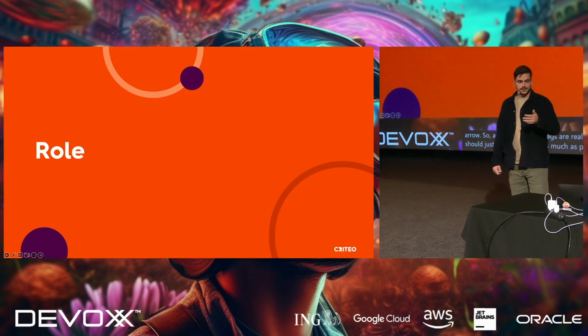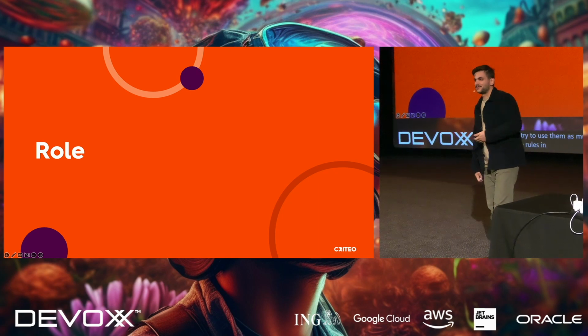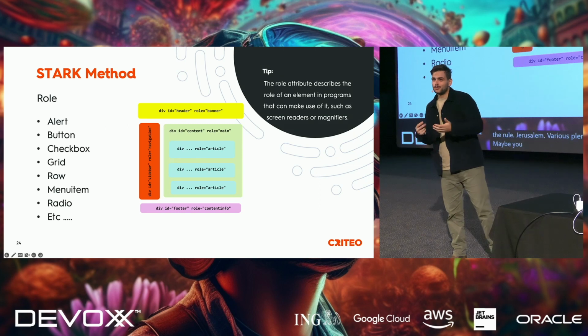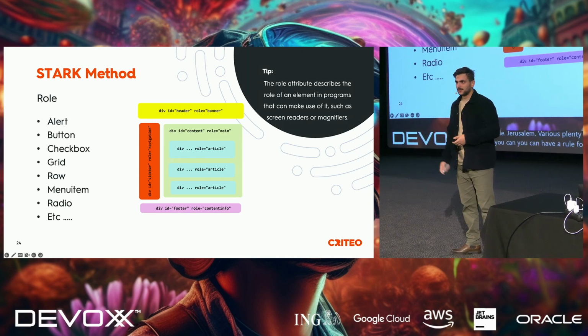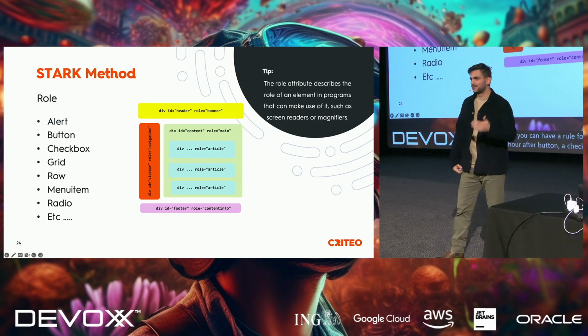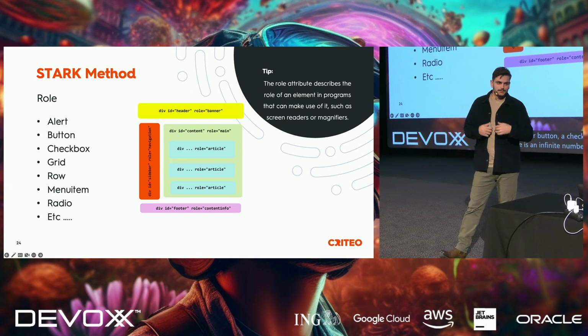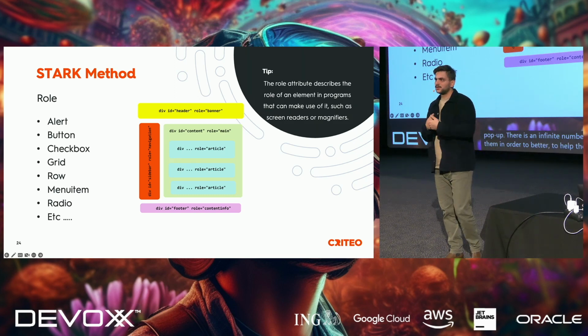Next one is the role. The role, same: there are plenty of roles. I can't cite all of them, but you can have a role for whatever you think: an alert, a button, a checkbox, a grid, an article, a pop-up. There is an infinite number of roles. So try to use them to help programs such as a screen reader or a screen magnifier better describe your application.